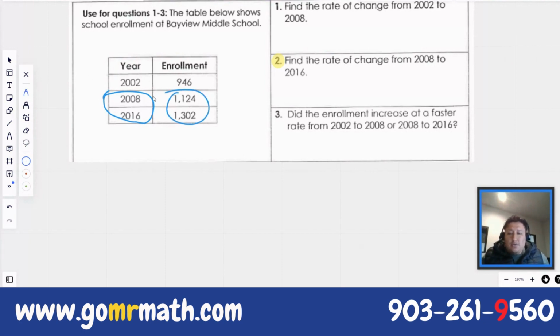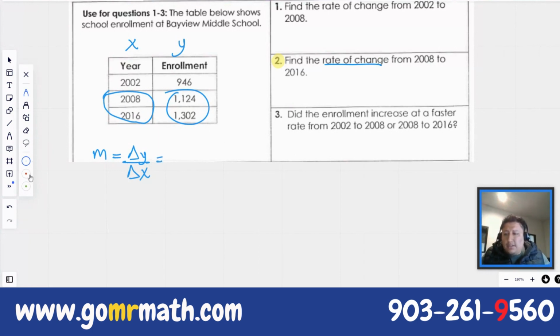If we read this table as the values of x and y, here are our coordinate pairs. It's asking for the rate of change, which is just the slope. Let's remember, our slope is equal to the delta on y, the change on y, divided by the change on x.